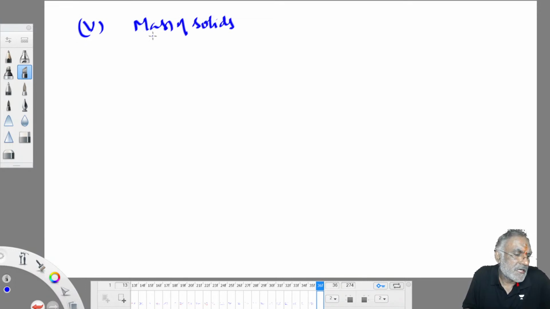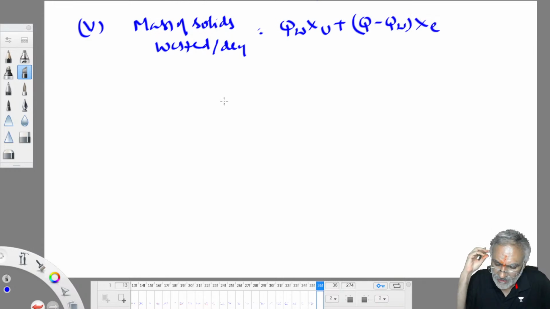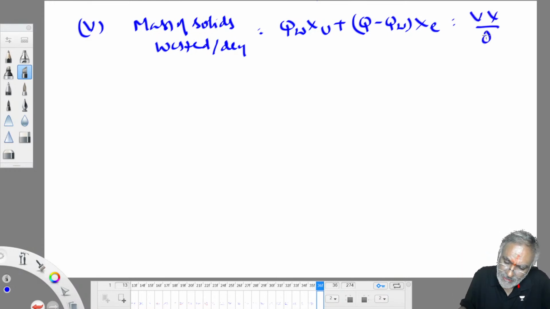Mass of solids wasted per day. How to work out? This is nothing but QW into XU plus Q minus QW into XE. Since XE is not given, QW is not given, you can't work out, which is also equal to Vx by theta C. So V is known, 2000 meter cube.